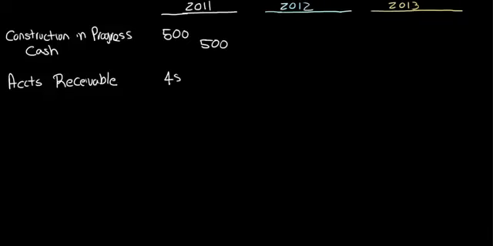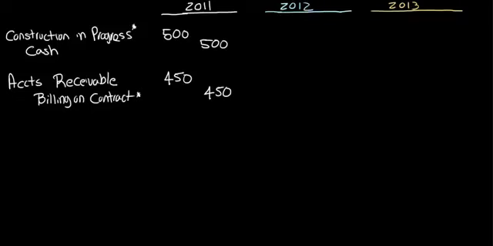So we billed them $450, and that's our debit, and our credit is to billings on contract for $450. So we have two new accounts that we have not seen before. We have construction in progress is one account, and billings on contract is the other account.